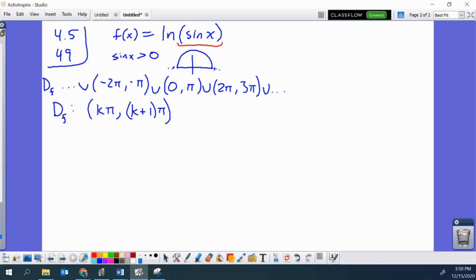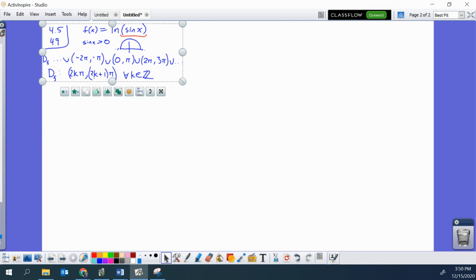Or I could say 2k pi, and then I can just say for any integer k. That might even be cleaner still. 2k plus 1 pi for all integers k. So that's a nicer way to say it. Good. So we got the domain.